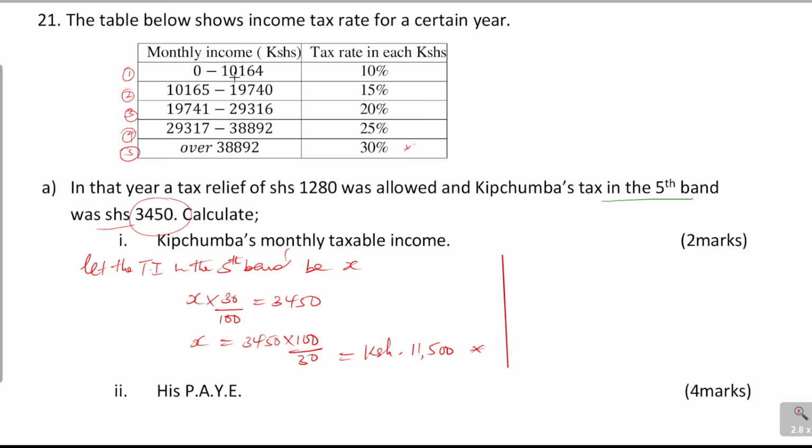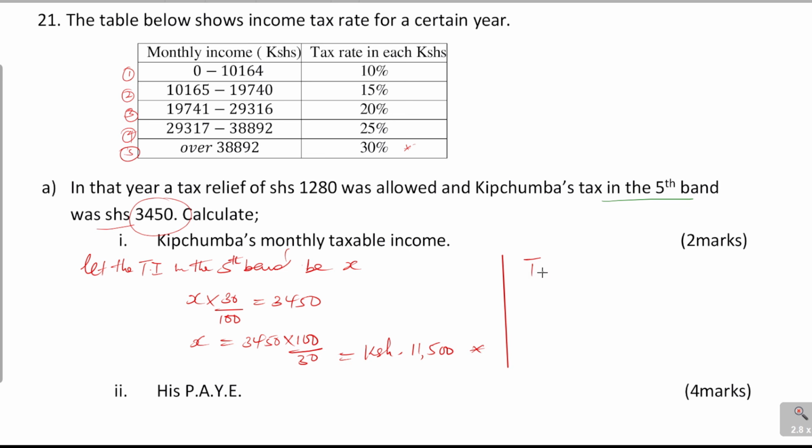the whole income from the first band, the second, the third, the fourth, and the fifth band. And for the fifth band, we've noted that the amount that was above that 38,892 was 11,500.